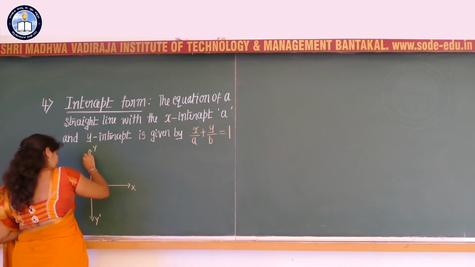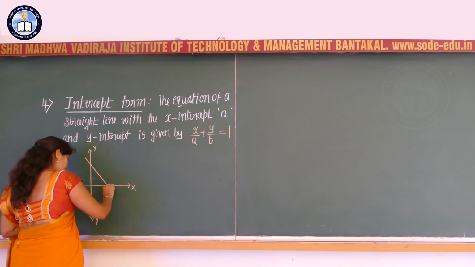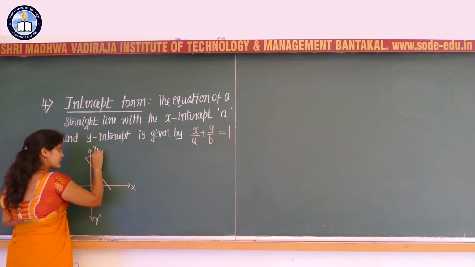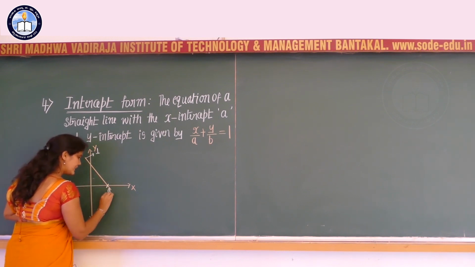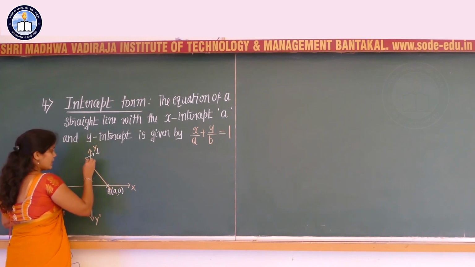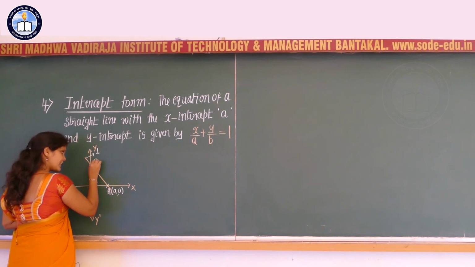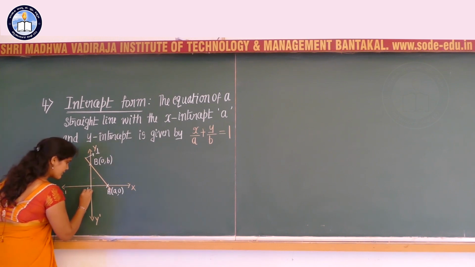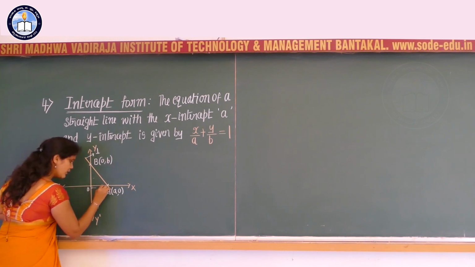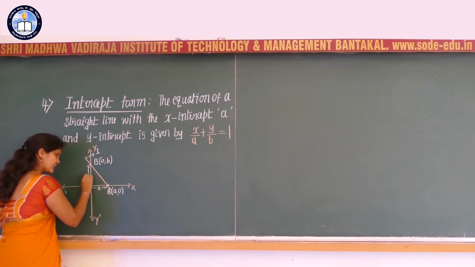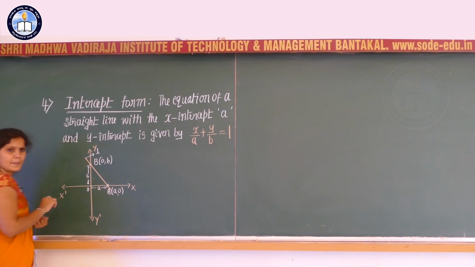So, let us consider the line. The given line L cuts the x-axis at the point A with the coordinates A, 0, and it cuts the y-axis at the point B with the coordinates 0, B. The distance from the origin along the x-axis is A, and this I can consider as B, clear?